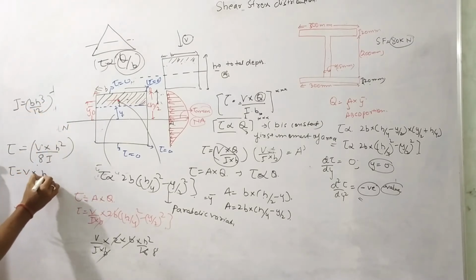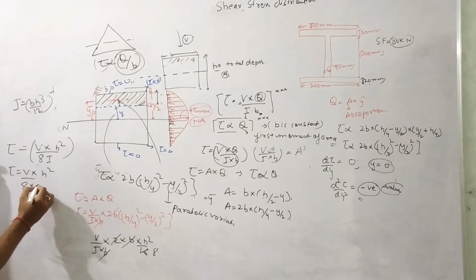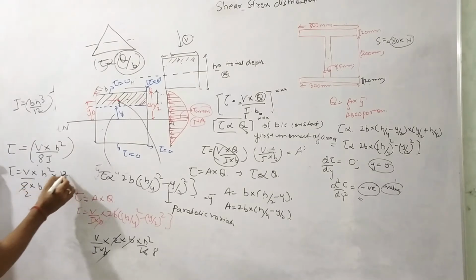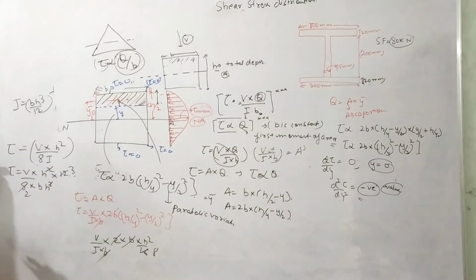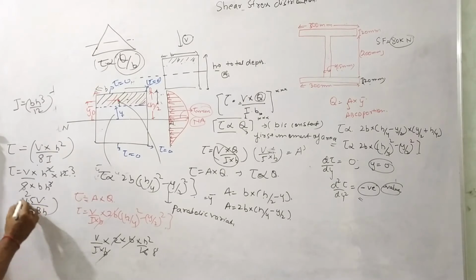So V into h square over 8 into I, which is bh cube by 12, gives 12 over 8, so this will be 2 by 3. The h cube cancels with an h here, and this is V over b h, 1.5 V over bh.